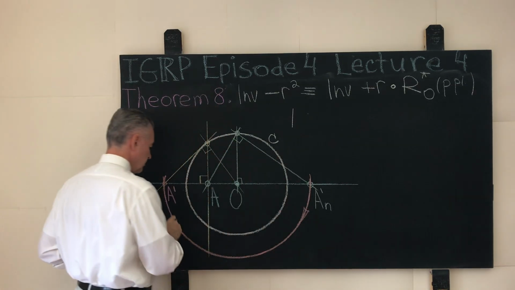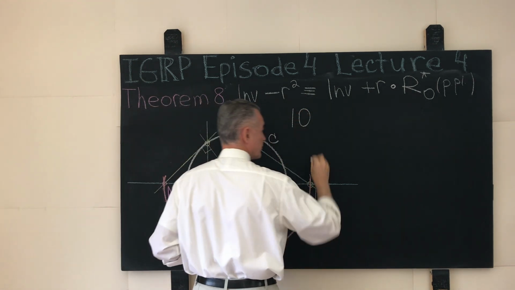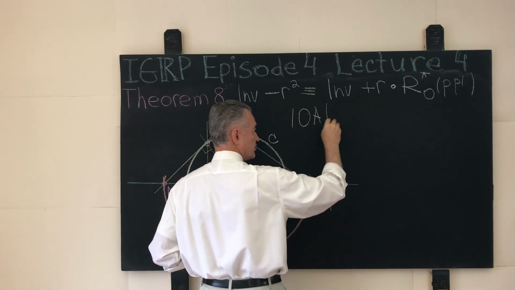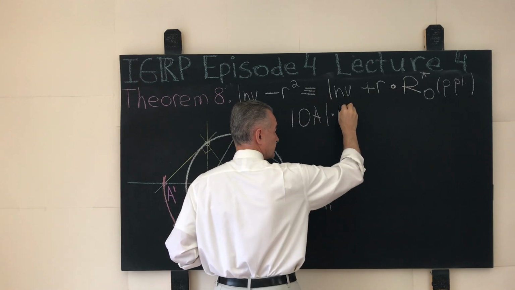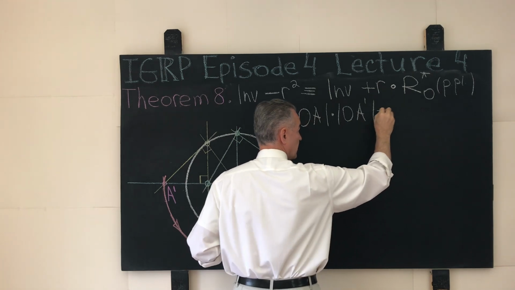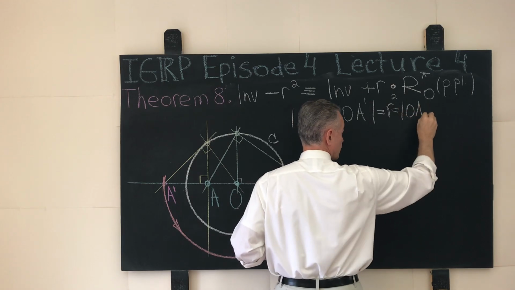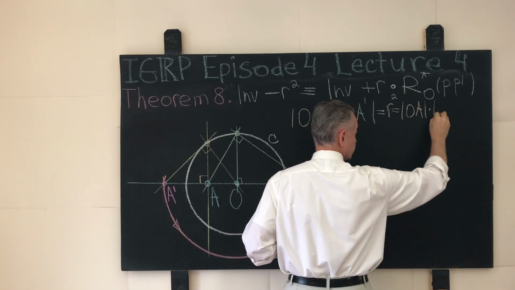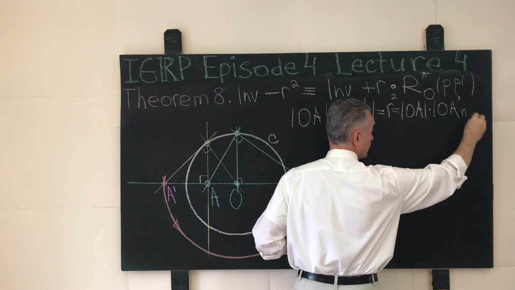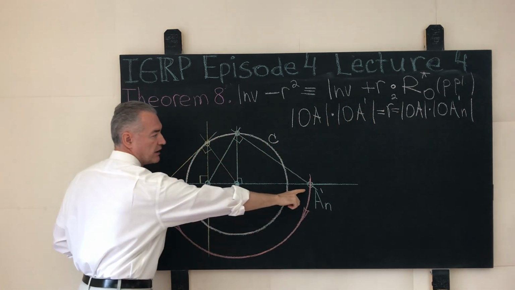Let us say for the positive power of inversion, we go back to our condition 3, definition 1, and we state what? The distance from the center of inversion to the pre-image point times the distance from the center of inversion to the image of that point with positive power is the same r squared as the distance from the center of inversion to the pre-image point times the distance from the center of inversion to the image of that point under negative power, A prime n.